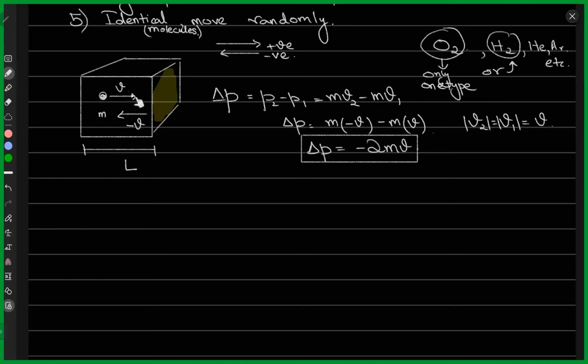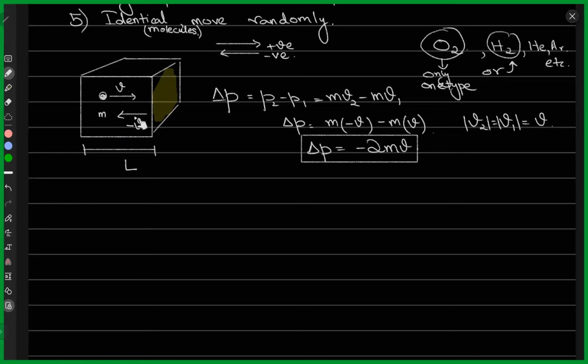So when it hits the wall, it's moving with velocity v. And as soon as it hits and it comes back, then the velocity would be negative v, right? Because it's now moving in the opposite direction, and velocity being a vector, it would be negative v. The negative sign is just implying the direction of the velocity, to the left.